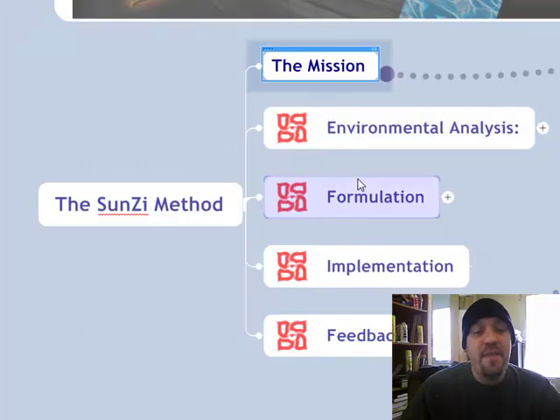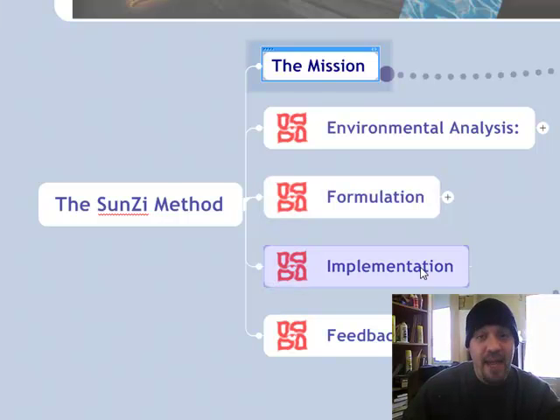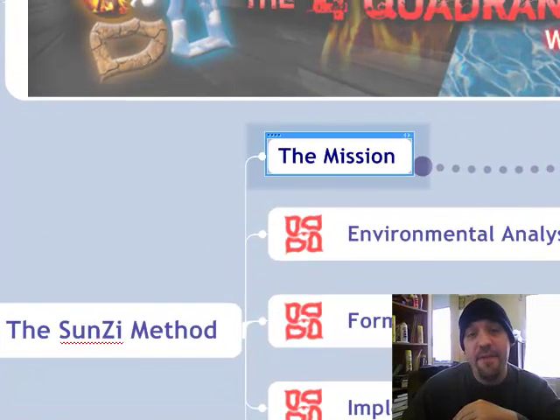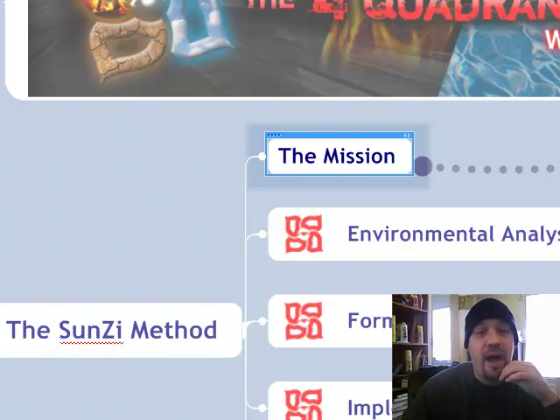And if you understand these 4 steps, environmental analysis, that's internal and external; formulation, that's strategies, tactics, and plans; and implementation, taking action; and then feedback and control, that's just measuring. It's very, very simple. You can apply this process to almost anything in your life, almost anything you might ever deal with, and I think you'll find that it's very easy.